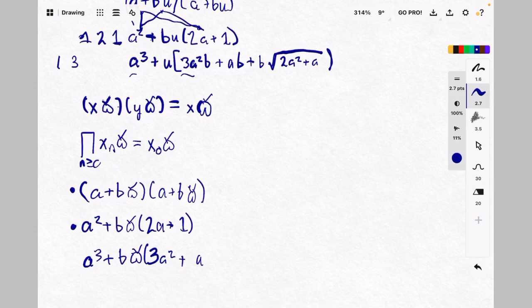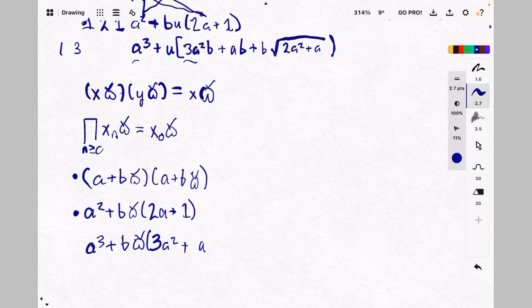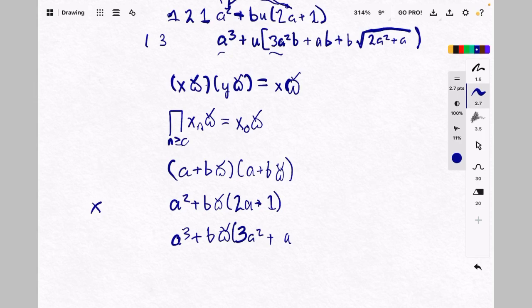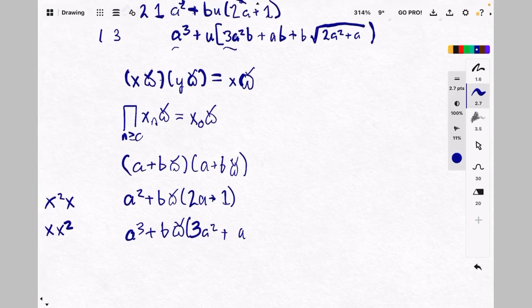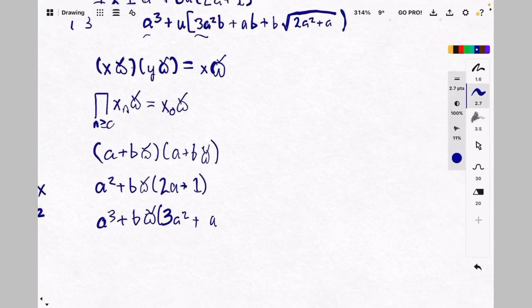So 2a plus 1 times b, we're multiplying 2ab plus b, all times just b. It's anti-commutative, so we can't just do any order we want. We're doing x squared x and not x x squared. Assuming that's the correct order to do things.